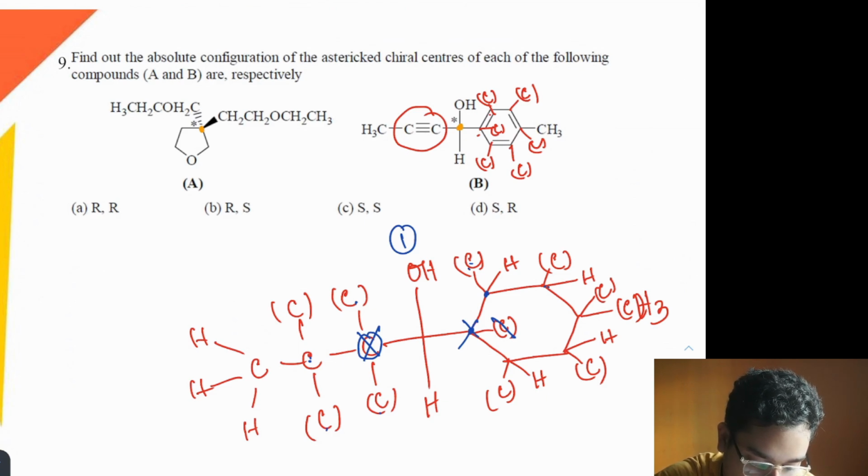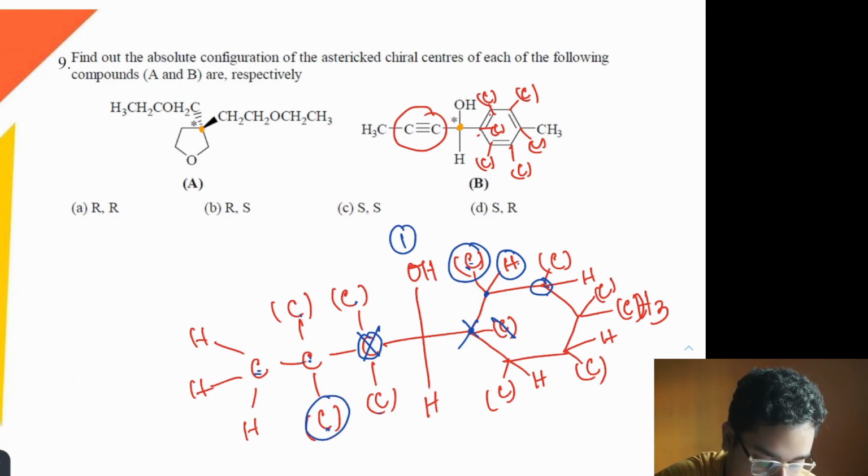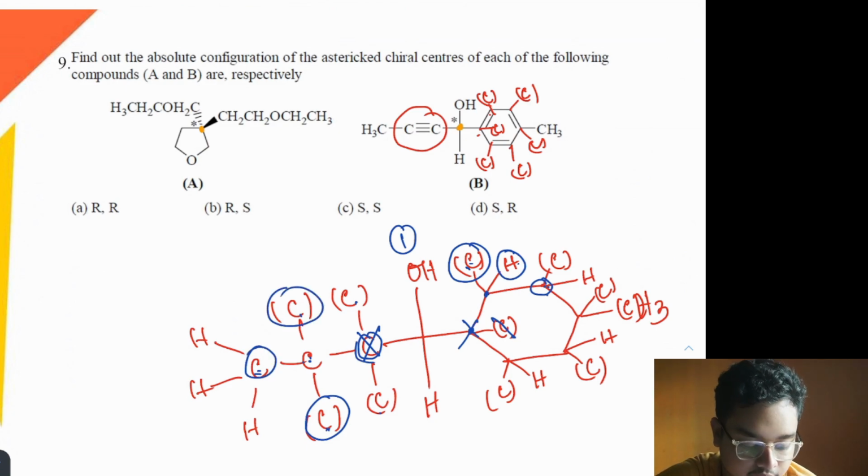We are not looking at this particular bond here. So here 1, 2, 3, 2 carbon, 1 hydrogen is there, but here it is 3 carbon connected, direct connection. We are not looking at this particular carbon connection because this is also carbon, this is also carbon.